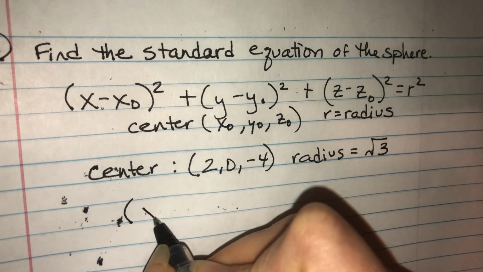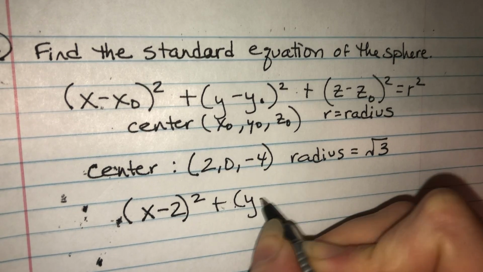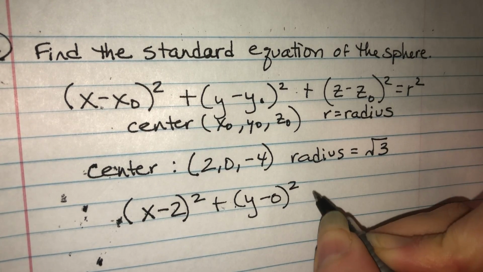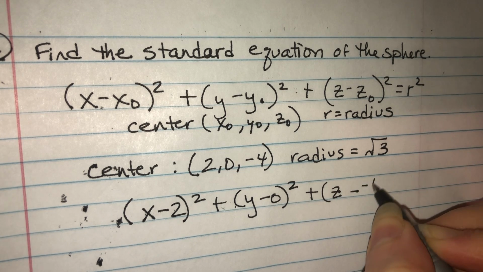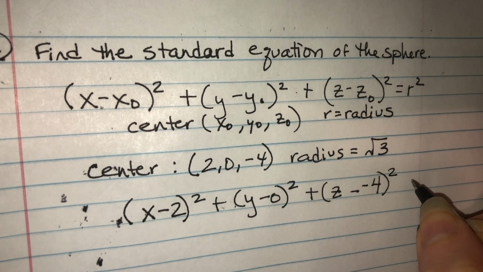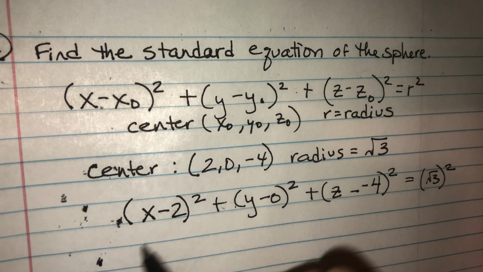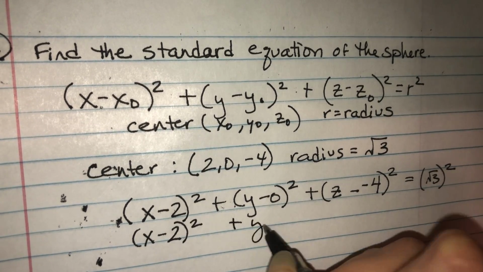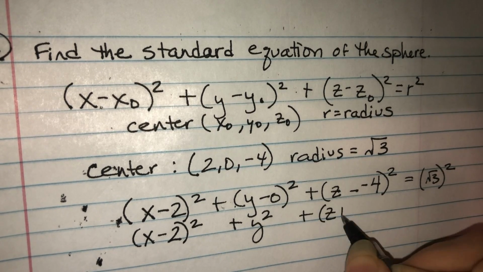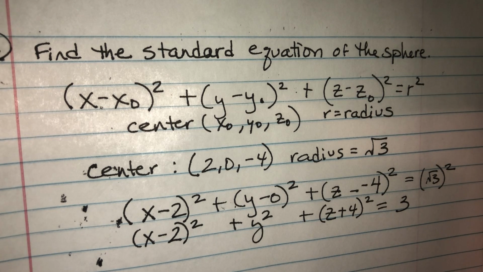So it's going to look like this. x minus 2 quantity squared plus y minus 0 quantity squared plus z minus negative 4 quantity squared equals the square root of 3 squared. And now we simplify. So we'll have x minus 2 quantity squared plus y squared plus z plus 4 quantity squared equals 3. And that is the answer.